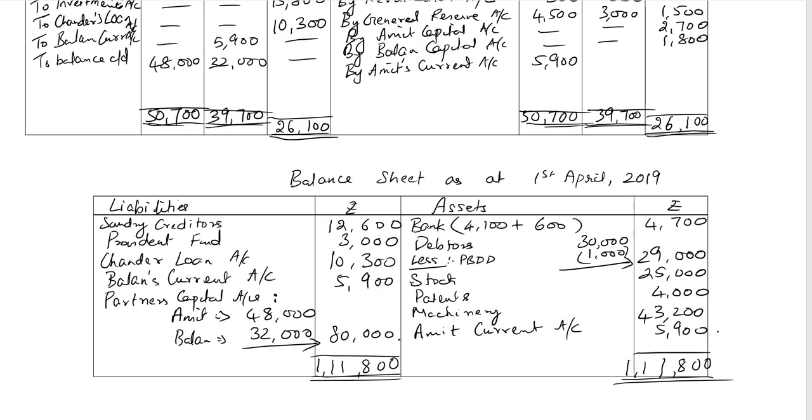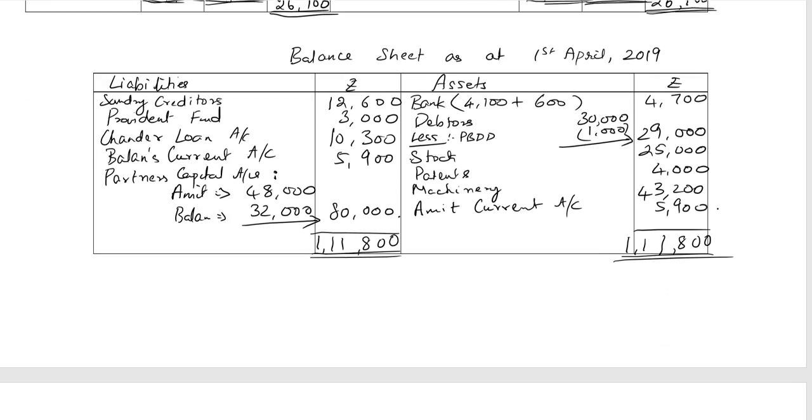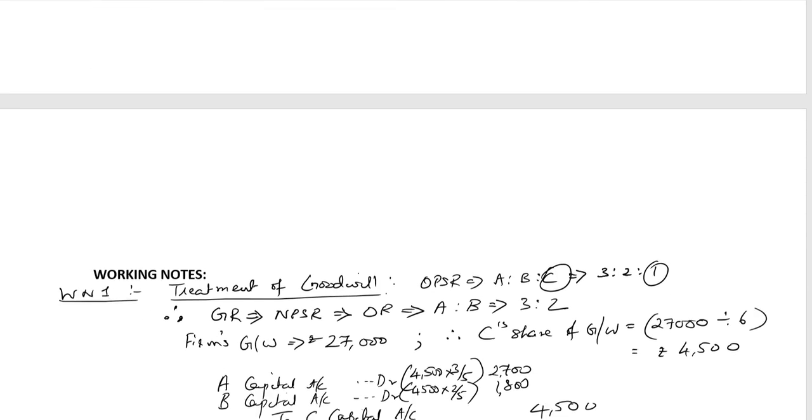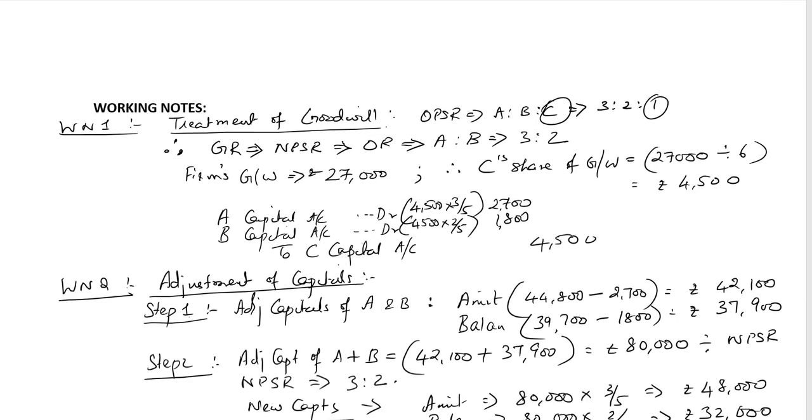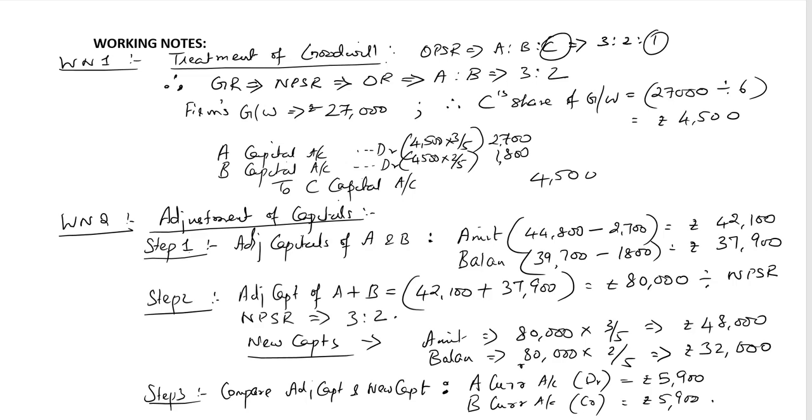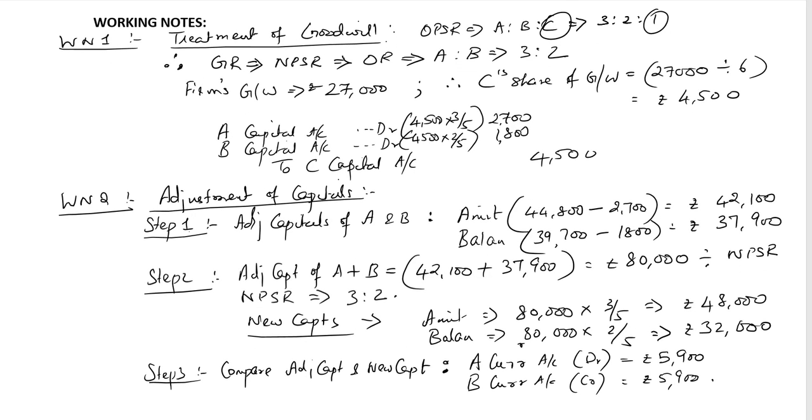Then the balance sheet. These are the two working notes. The first one, treatment of goodwill, and second one, adjustment of capitals.